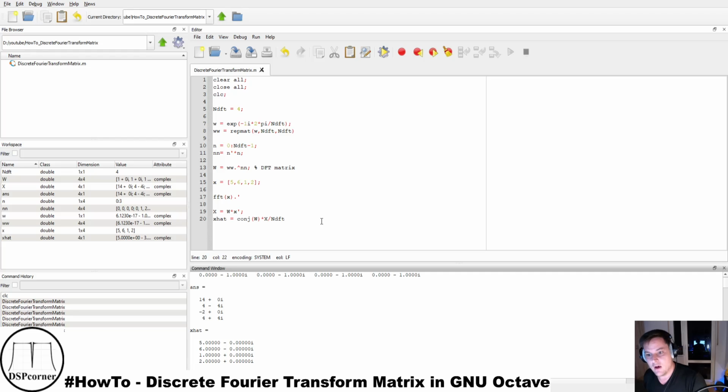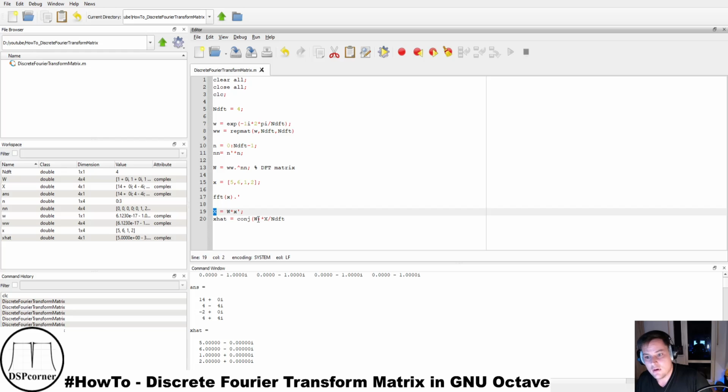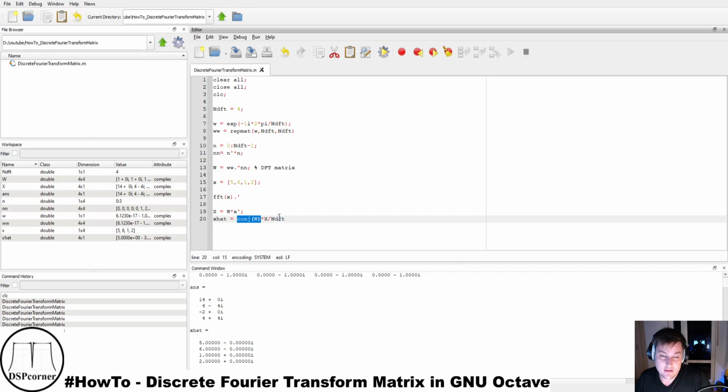So we now have a way of using a matrix notation in order to generate our DFT, discrete Fourier transform, or the other way around. We can calculate our original signal by applying the conjugate of this discrete Fourier transform matrix to our calculated DFT, and we produce the same output as if we used the FFT.